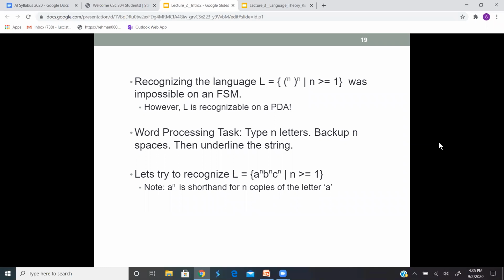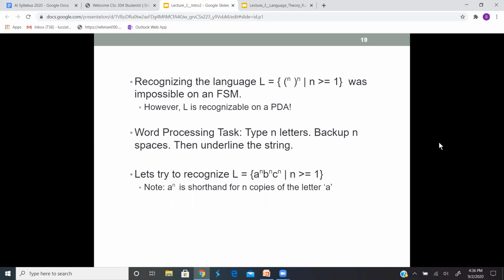I can answer yes or no. If the language expression is, where all the left parens come first and then the right parens, left paren to the n, right paren to the n, such that n is greater than or equal to 0, that's a language where the empty string is in the language.